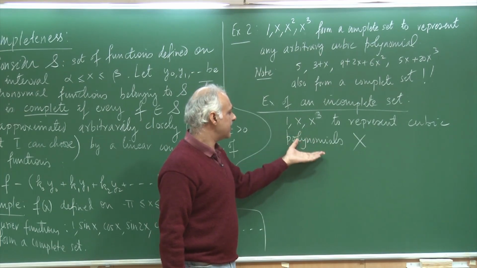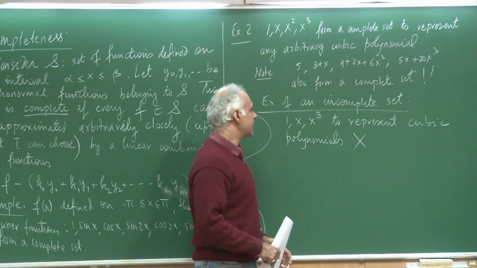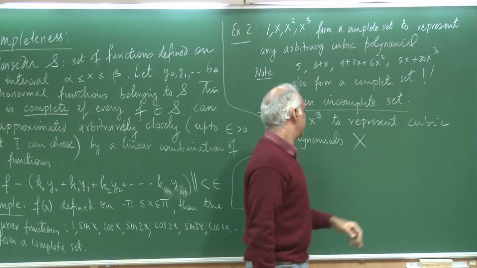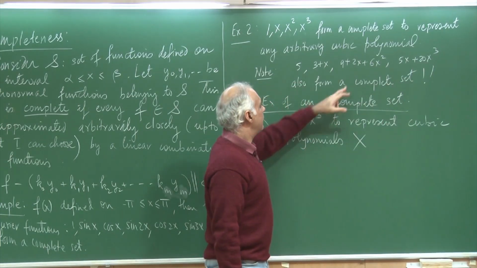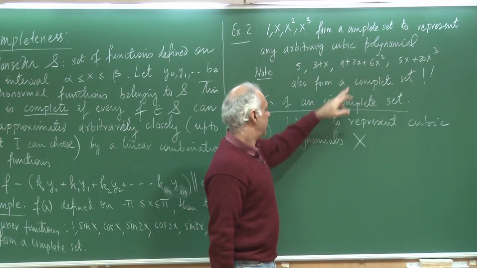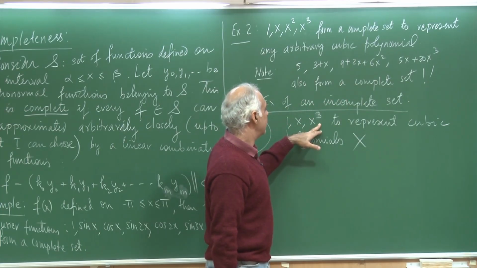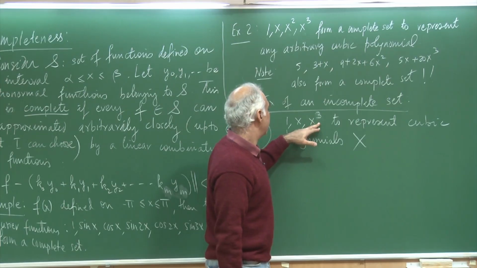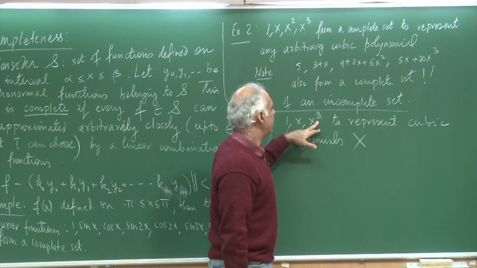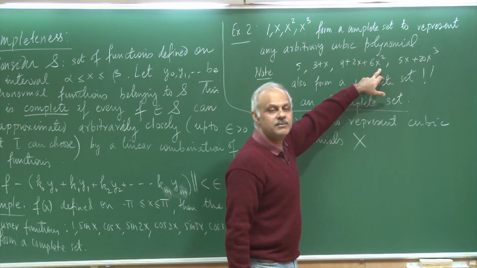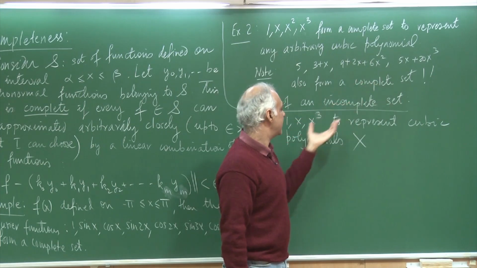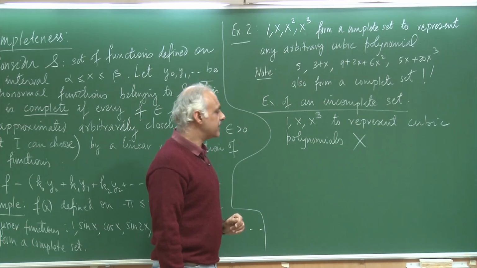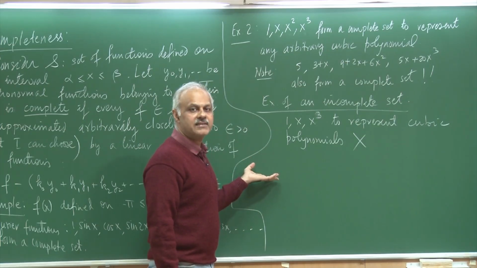So if you give me a polynomial like 5x plus 20x cube, I can certainly represent that. But if you give me this one, there is no way I can represent it with as little error as you demand by using these three. In fact, I would not be able to represent this term exactly, because there is no x square term. So I hope you get a flavor of what is a complete set and what is an incomplete set.